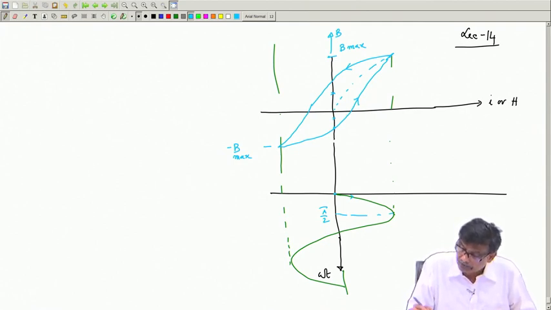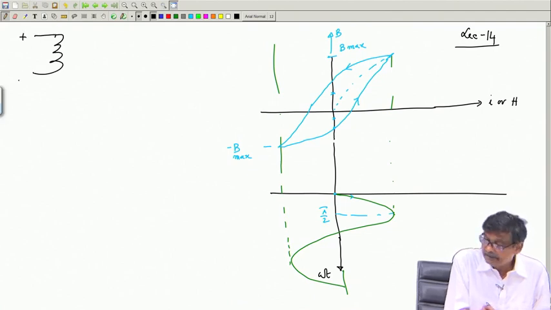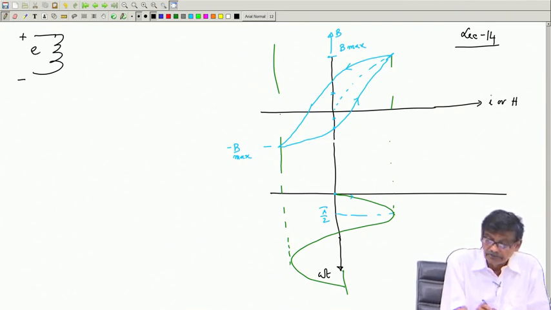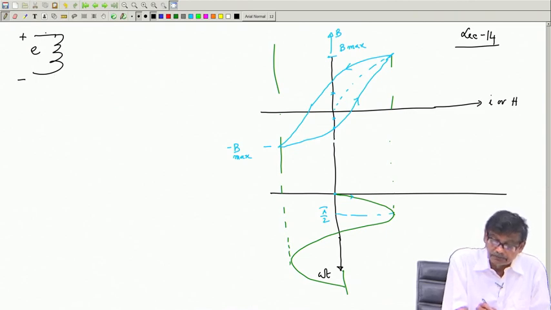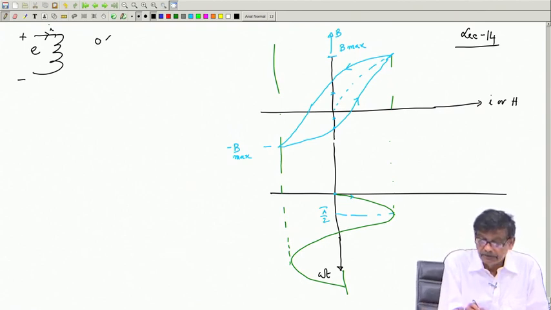So, during this process, the coil voltage will be just like this. Applied voltage is positive, negative, and why will the induced voltage be positive? Because d phi/dt is positive and current is also positive. So, energy will be absorbed. This is between 0 to omega t to pi by 2.